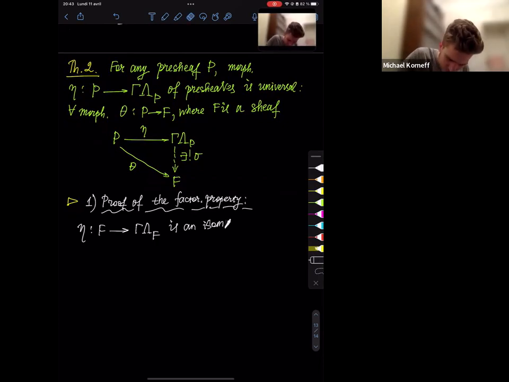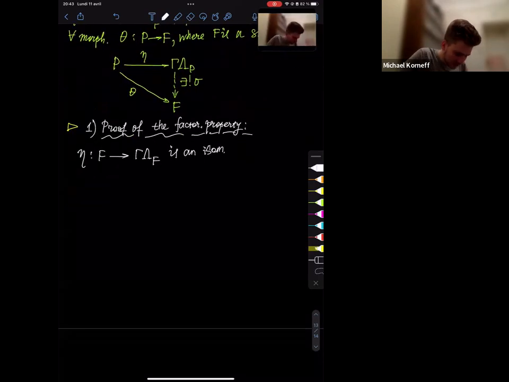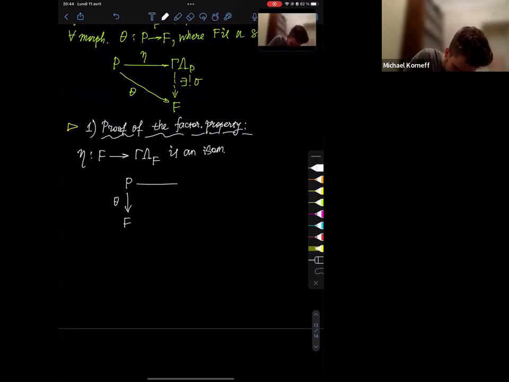Hence, we can construct the map in the converse direction, and we can form the following diagram. We have a natural transformation theta here, and we have an isomorphism eta here. And here we have an isomorphism gamma lambda f.